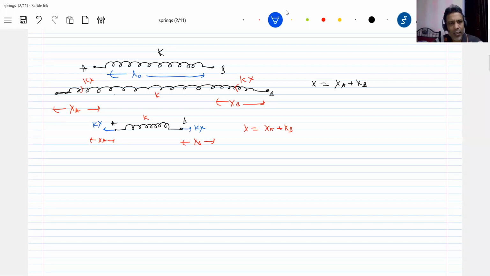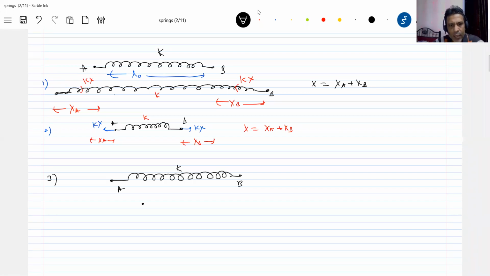Okay, now there's the first case. You see, now a situation arises like this. Compared to this, end A. Now I'll make end A undergo displacement, and end B also undergoes displacement.